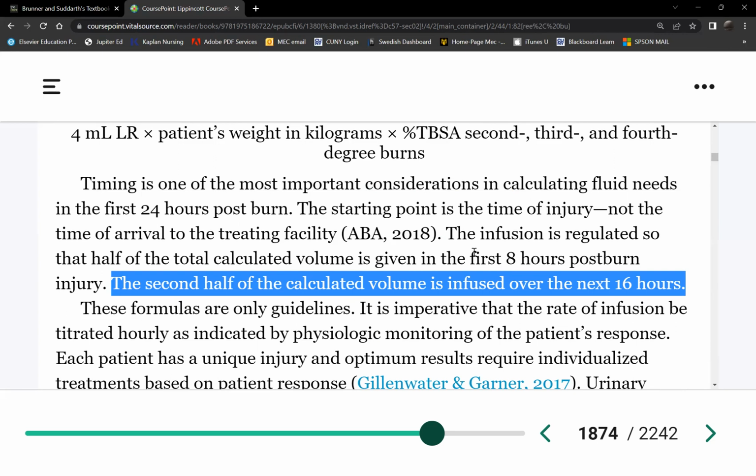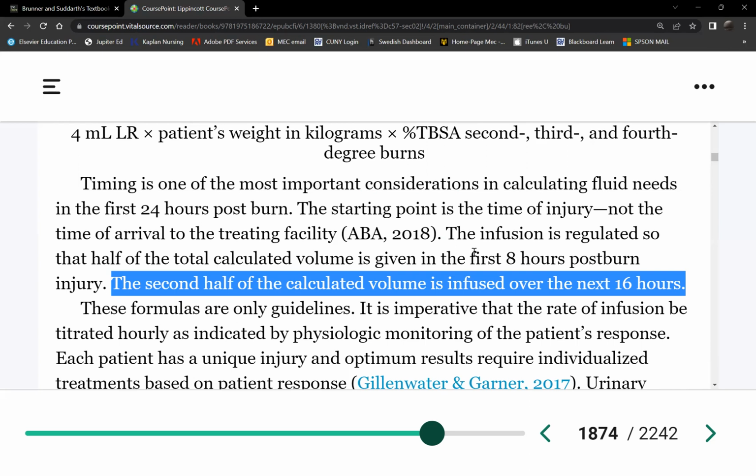Unless, let's say, the patient's burn injury was unwitnessed, right? Nobody saw. 7 or 8 hours?